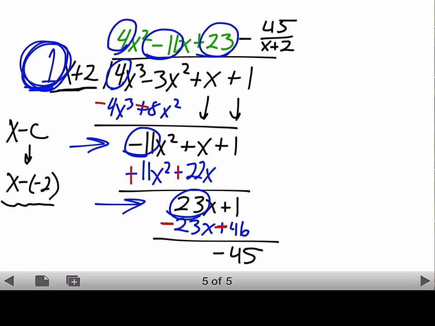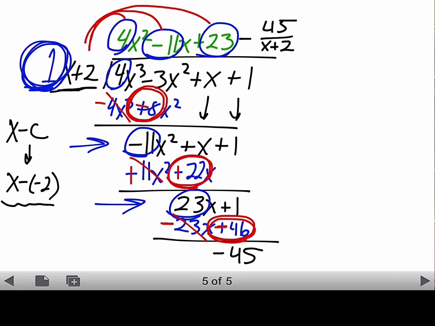And another thing I want to point out is when we subtract, those were the ones that went away, right? What were we left with? Well, 4 times 2, and then we changed the sign to get negative 8. Negative 11 times 2, we changed the sign to get a positive 22. 23 times 2, but then we, that's right, changed the sign to get a negative 46.